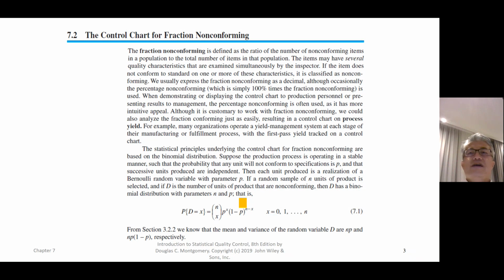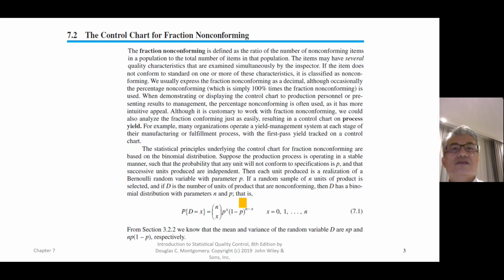The items may have several quality characteristics, known in DMAIC as the CTQ, critical to quality, that are examined and investigated simultaneously by the inspector. If the item does not conform to standard on one or more of these characteristics, then it is classified as non-conforming, or a process fallout.